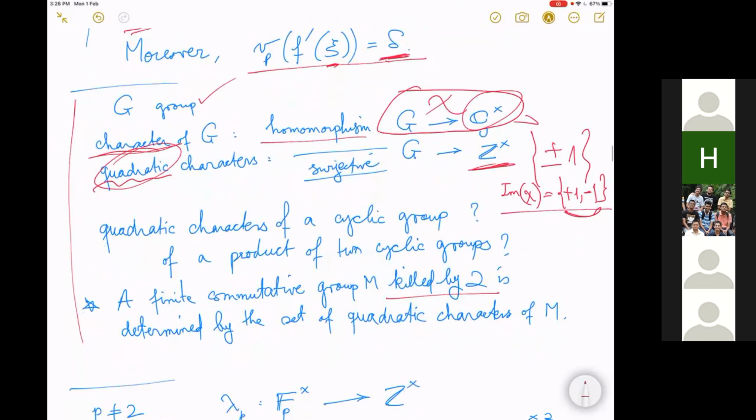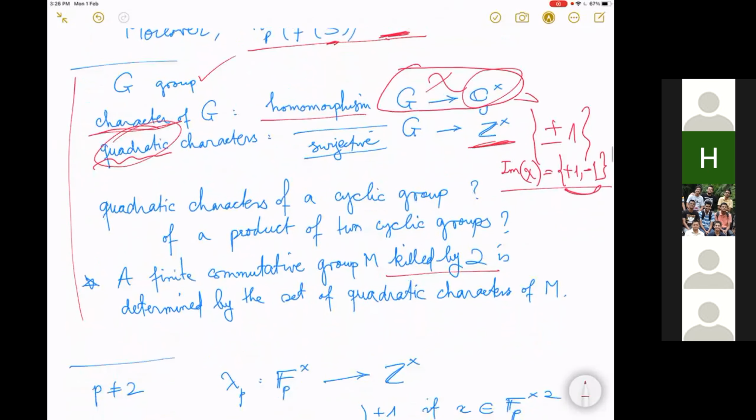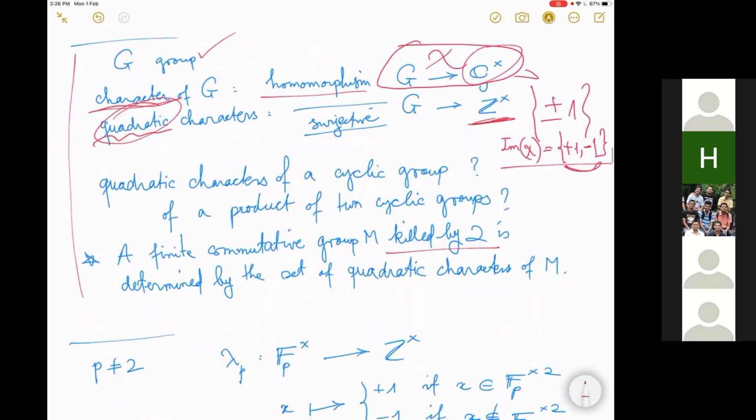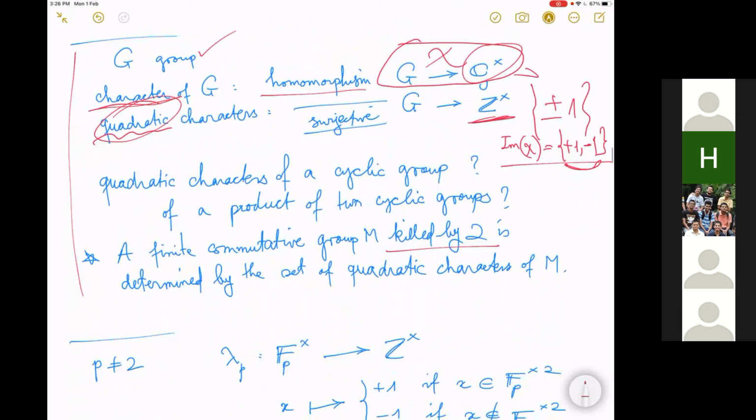So in order to understand this concept, it's not a deep or difficult concept at all. You can try to figure out what are the quadratic characters of a cyclic group. Or if you take a product of 2 cyclic groups, what are the quadratic characters?